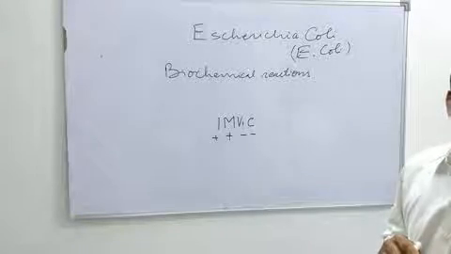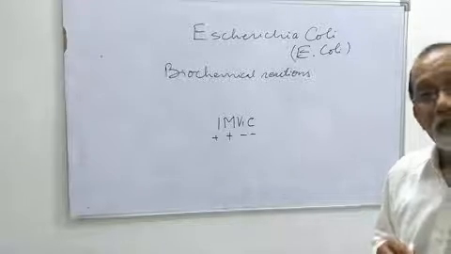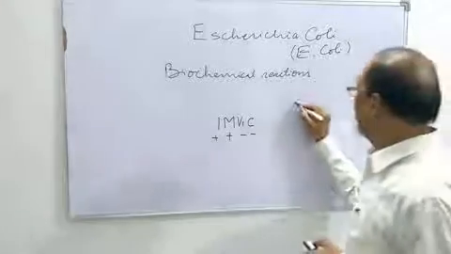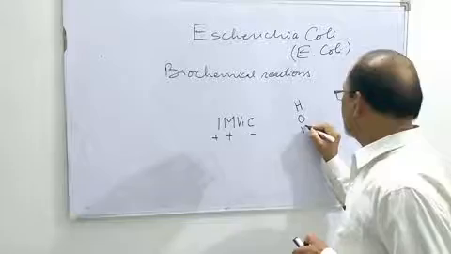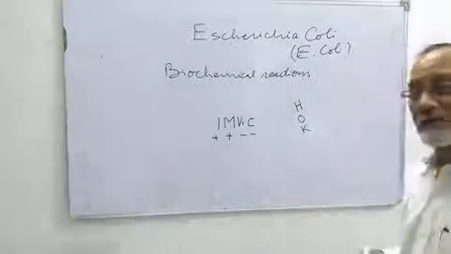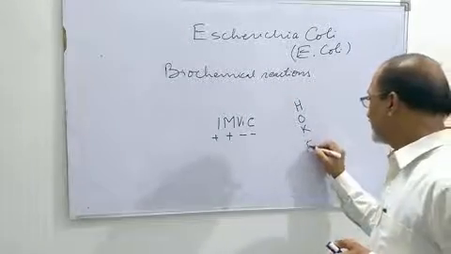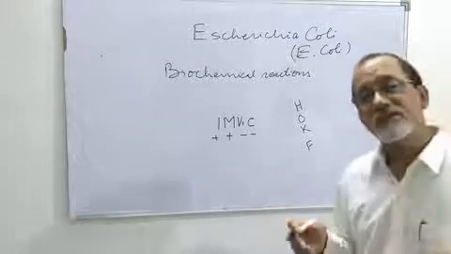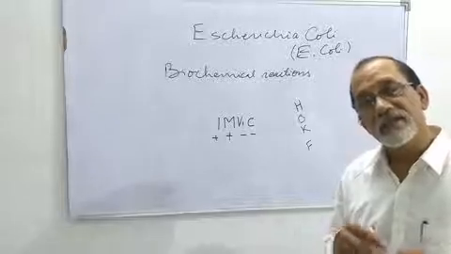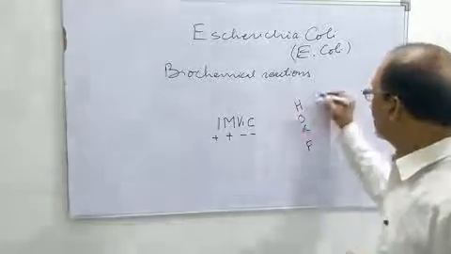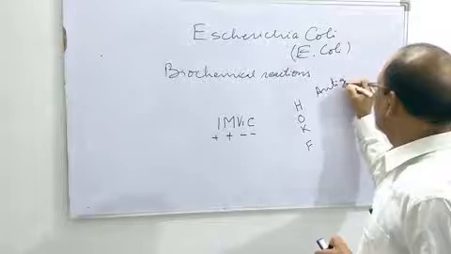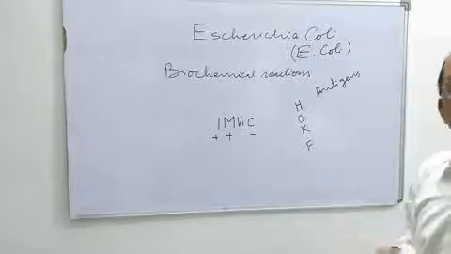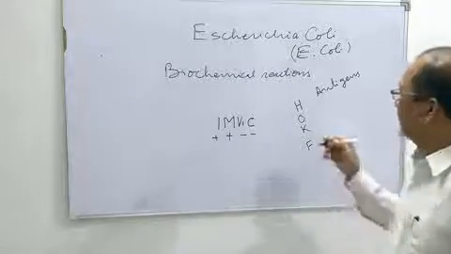E. coli has three antigens, with one more addition: H, O, K, and the fourth one is F. These are the four antigens, and the serotyping of E. coli is based on these antigens.